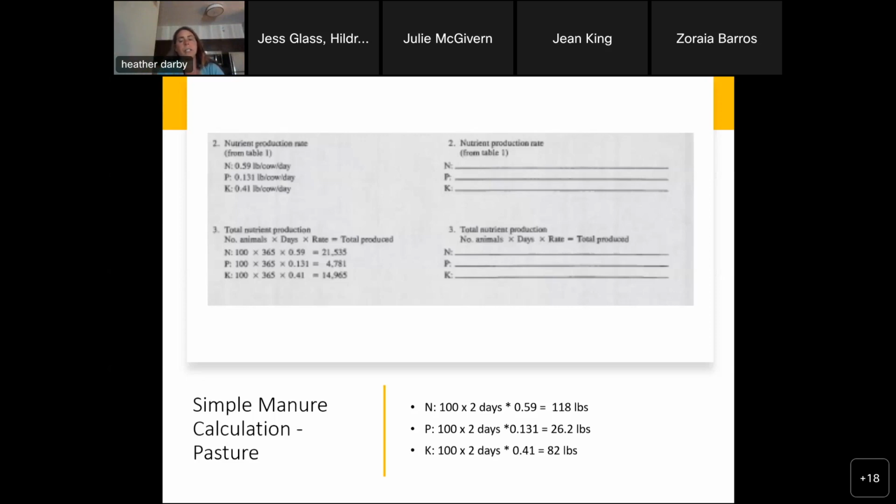So this really is showing you pounds of nitrogen being deposited, but again, you may just be moving that around from field to field and not adding anything back.